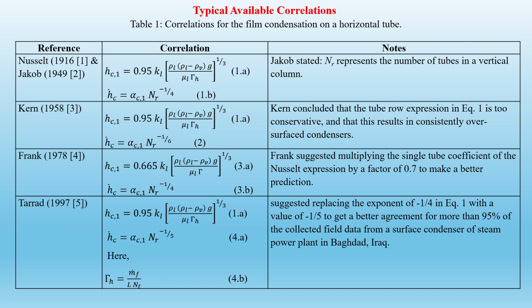Maybe Jacob in 1949 based his correlation on the single tube condensation on horizontal tube presented by Nusselt in 1916 by adding the effect of the condensation which passes from one row to another, and that will reduce the overall heat transfer coefficient, of course, because the condensate will cover more surface area, and then it will add a resistance to the condensation process at the surface of the rows after the second.